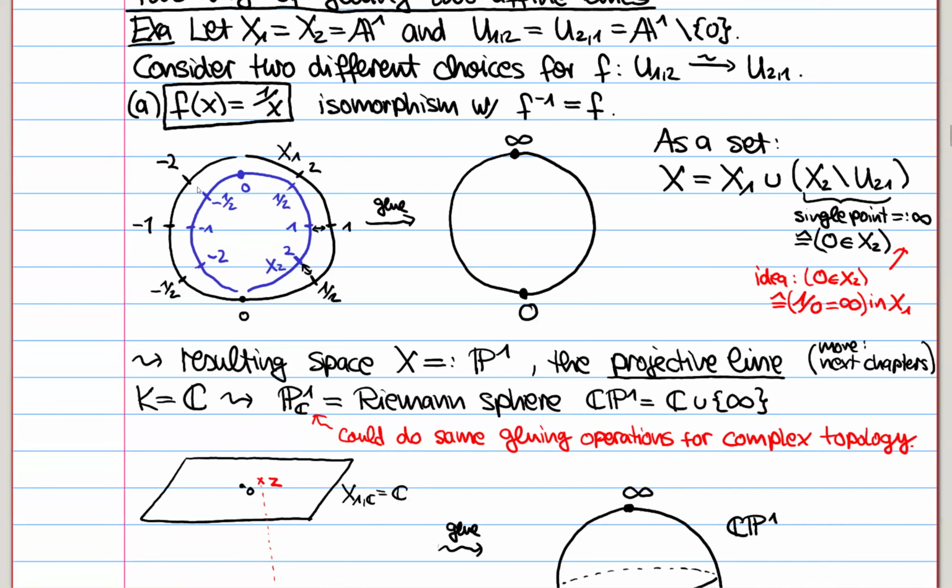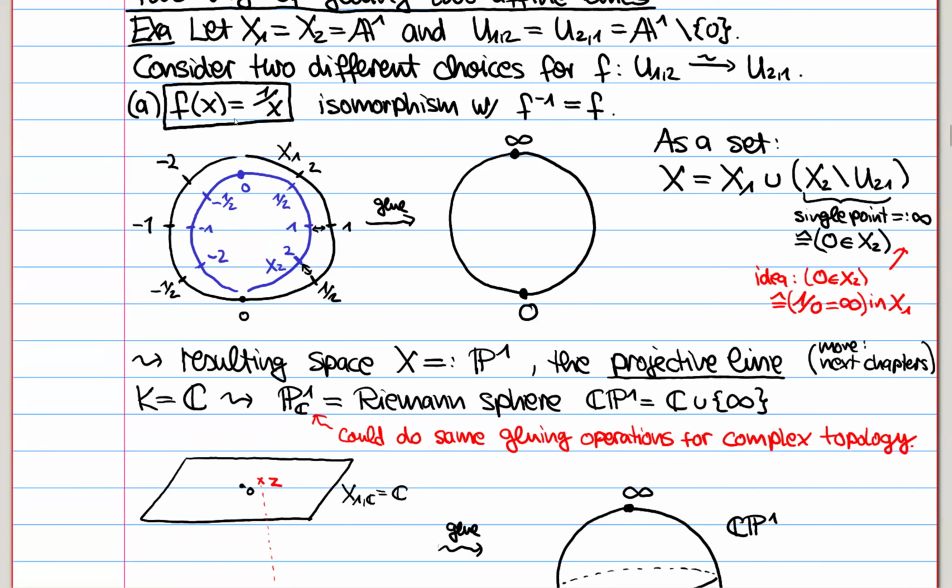And this is attempted to be illustrated here, at least for the real points of this A1. So the real points are just the real line. So then you would have two copies of the real line. One, the outer one, is x1, the inner one is x2. And then you start identifying points.